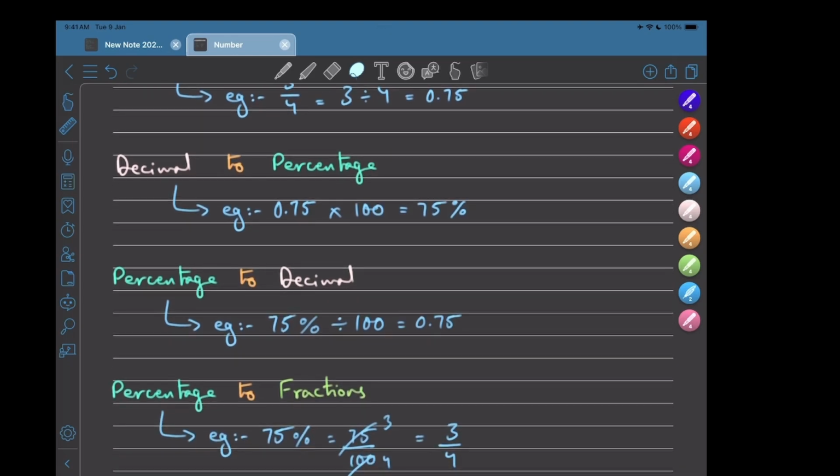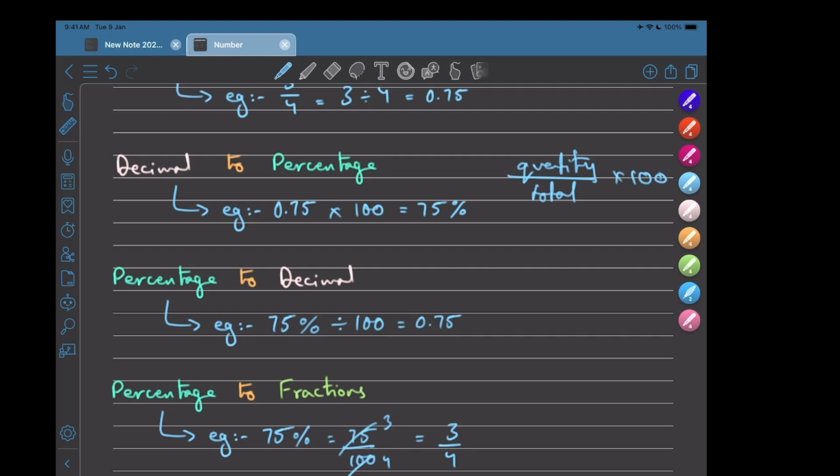Percentage to decimal: whenever you're converting any decimal value to a percentage, you always multiply by 100. And if you have a certain value and you're converting it to a percentage, say the quantity upon the total, multiply by 100 and you get the percentage.